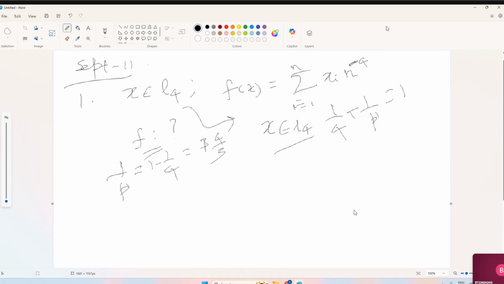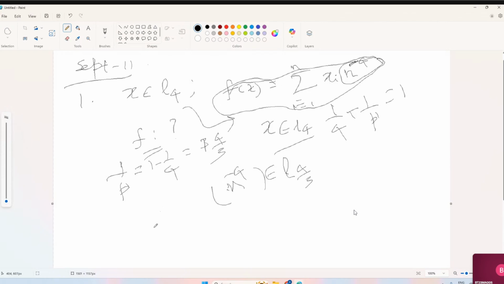Right? So if this n raised to minus 4, this sequence, is in L of 4 by 3, then you can use Holder's inequality here.